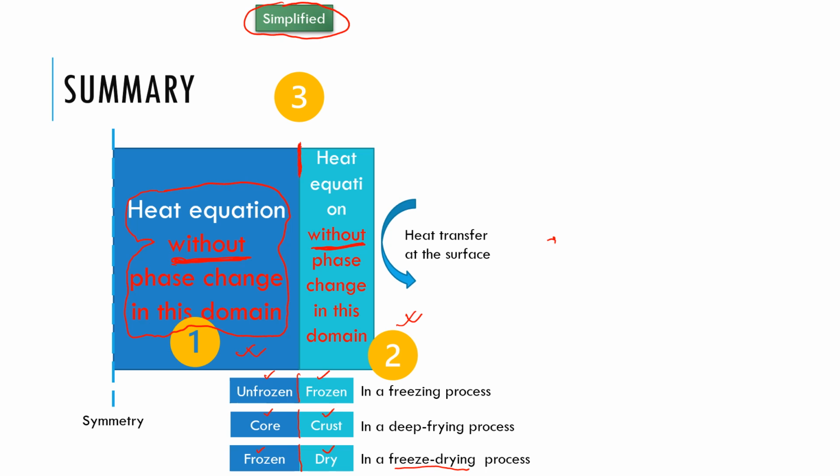Then we can use the normal heat equation in these two regions, because the phase change is happening only at the interface, not in the domains. So then again, the big problem is, how do I know this interface? That interface is found, the location of the interface is found by relating heat fluxes.